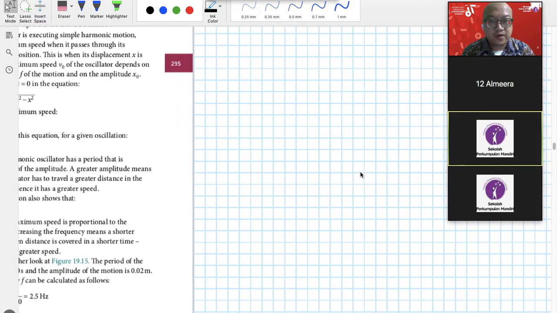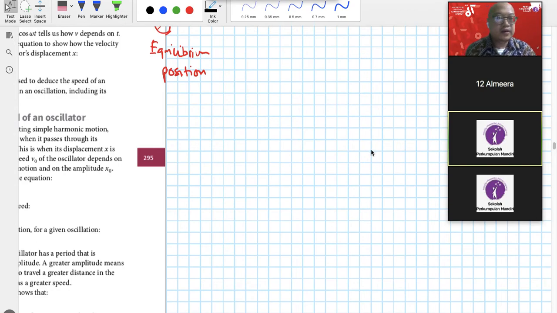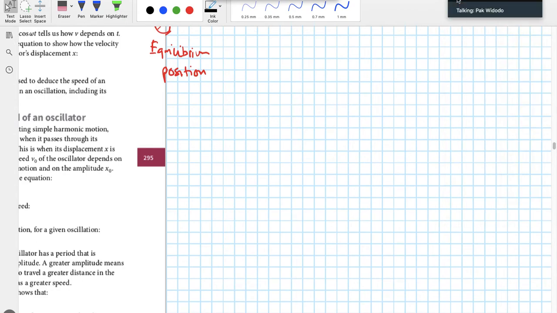I repeat from the function. When we have x as a sine omega t, and then we know velocity v equals dx over dt.